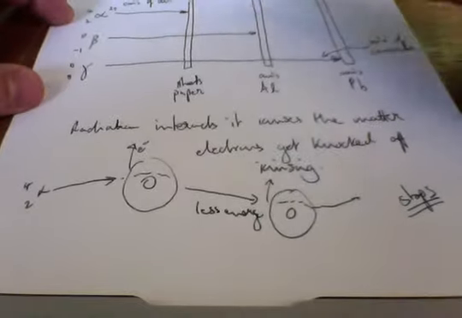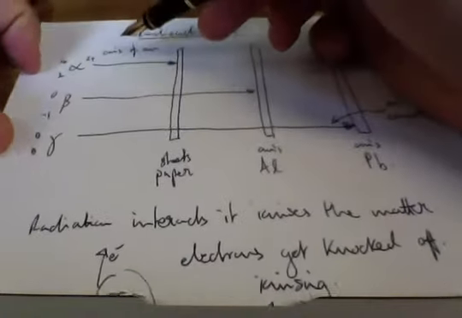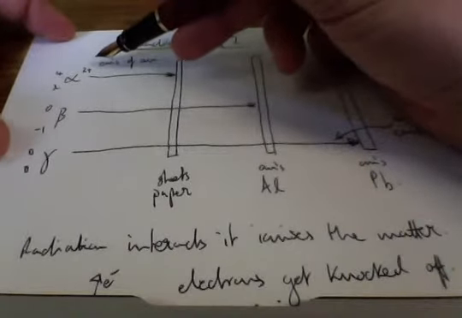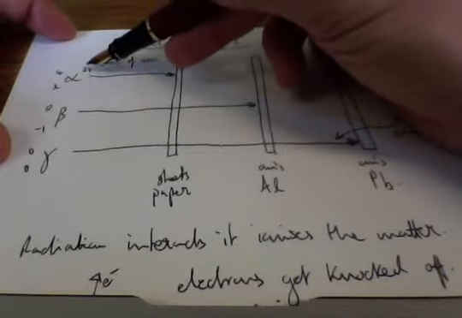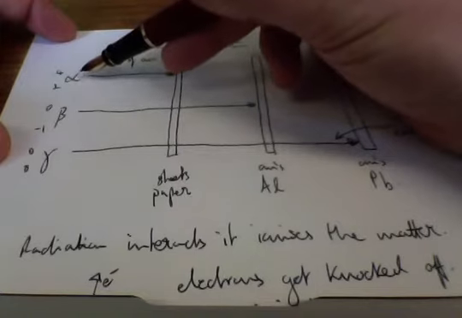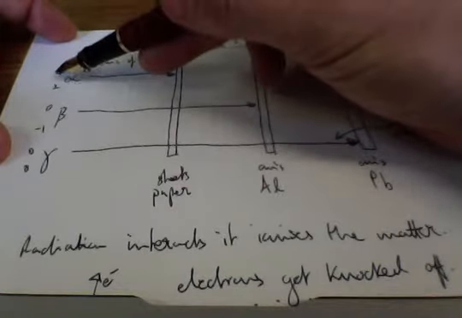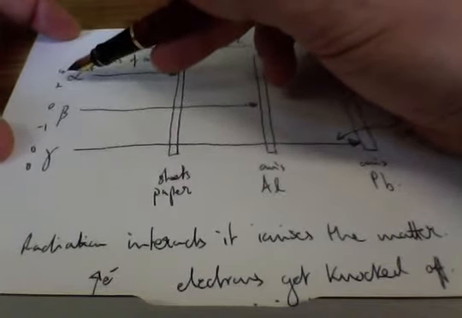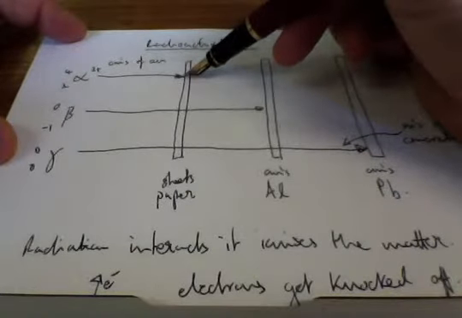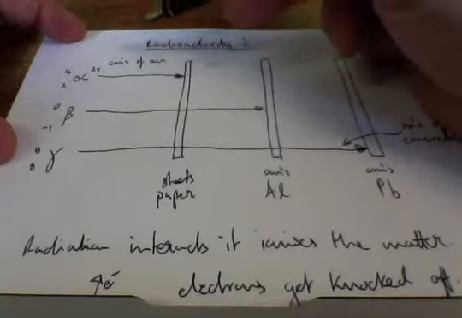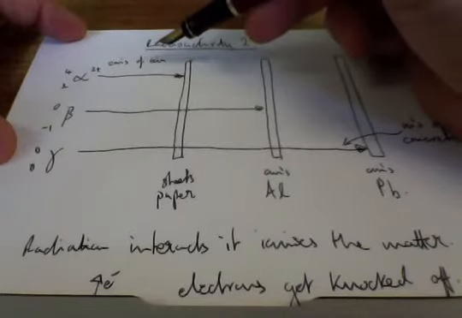Thinking about the alpha again, the alpha has two positive charges. So not only does it knock off more electrons because of that electrostatic interaction, but also it's not moving very fast anyway. It's very heavy. So it's heavy, it's not moving fast, it's interacting a lot, so therefore it has very low penetration because it has a high ionization effect.